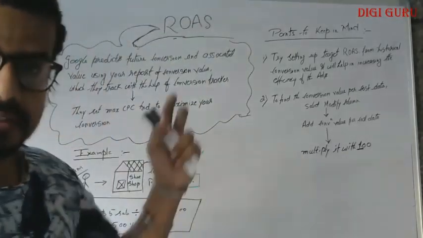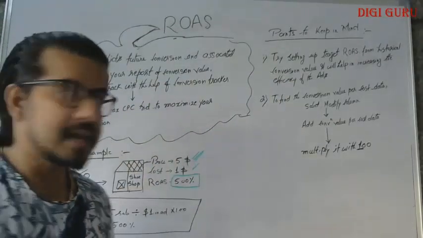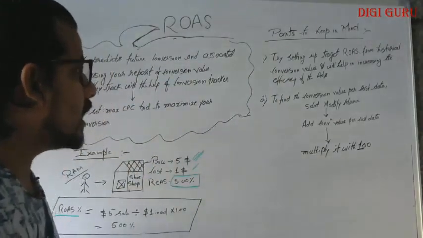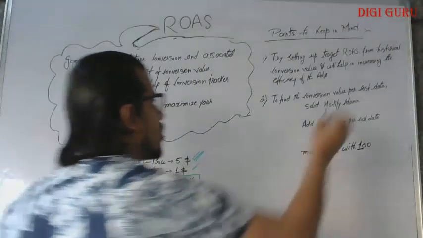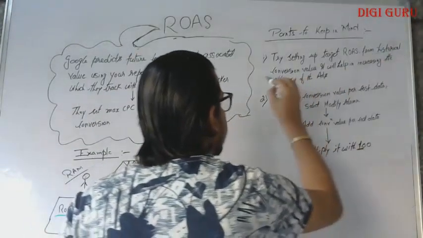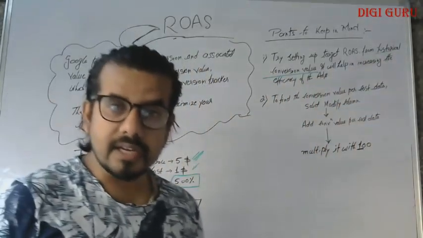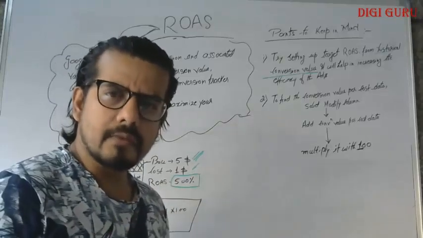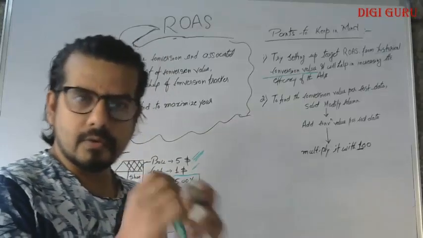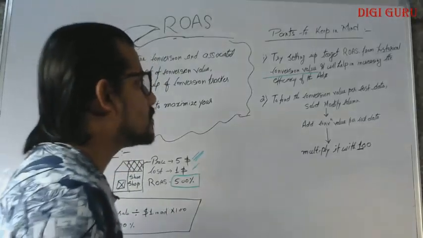Some of the key points that we should keep in mind while setting up the ROAS bidding strategy is that we need to have the historical conversion values, right? Until we have that historical conversion value, it will be too tough for Google to decide what the bid amount should ideally be, right?